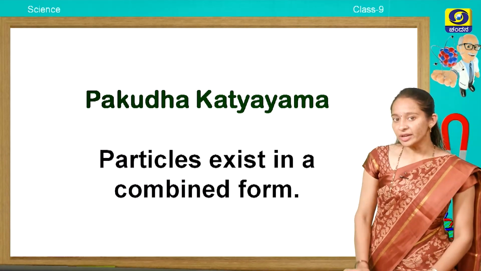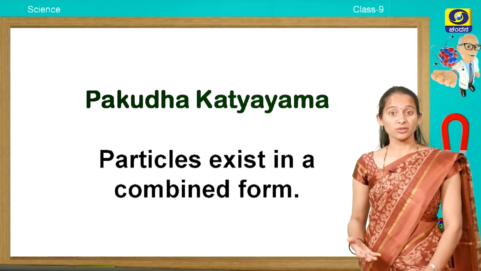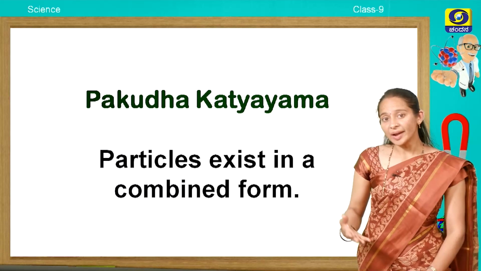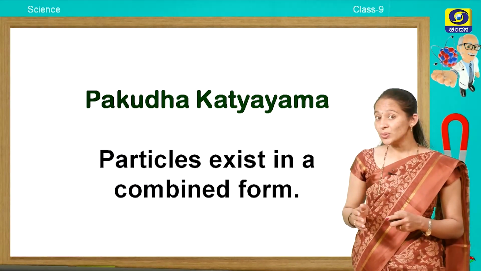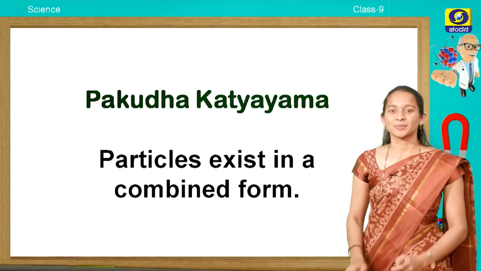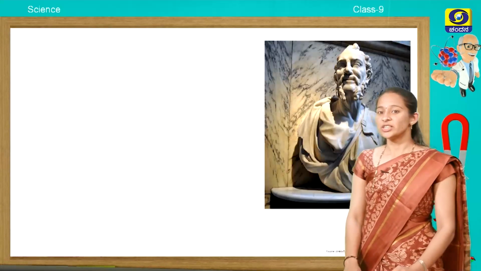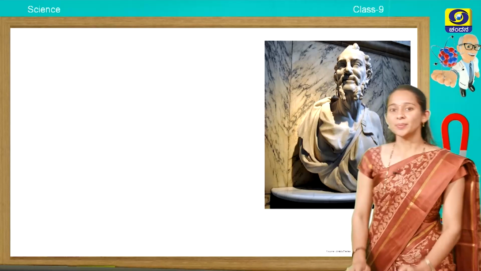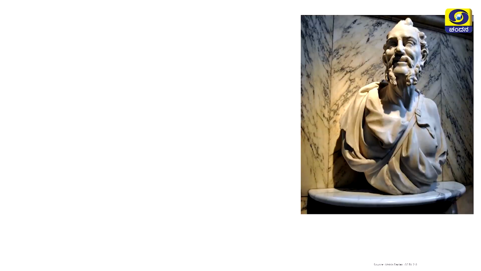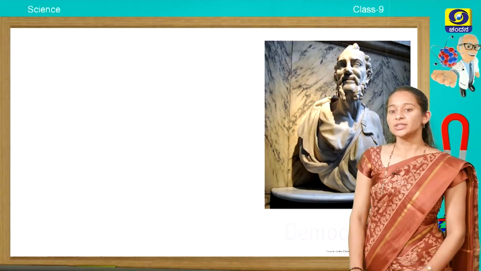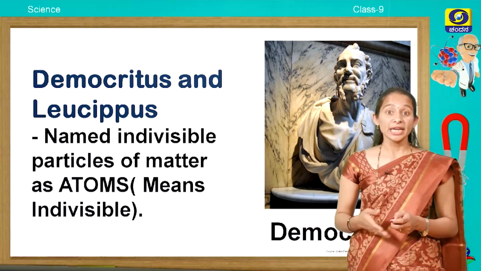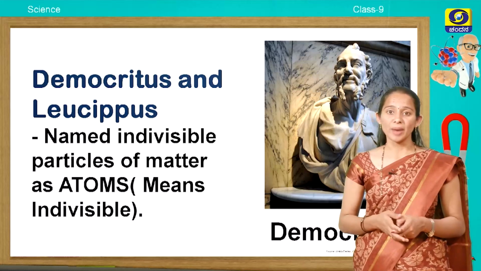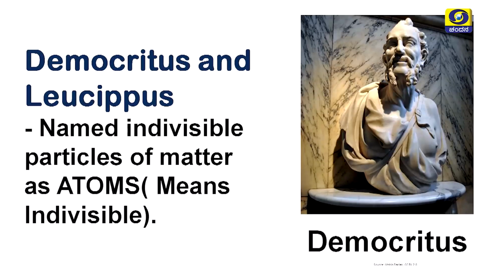Simultaneously, even the Greek philosophers have also given their ideas about atoms and molecules. Let us know what are those ideas. Children, can you identify him? He is a Greek philosopher called as Democritus. Democritus and Leucippus named indivisible particle of matter as atom, which means indivisible.